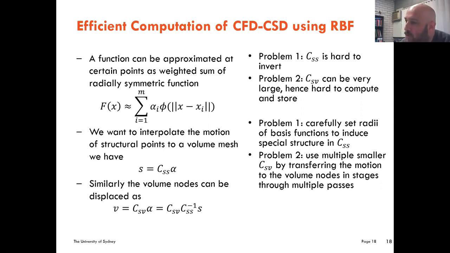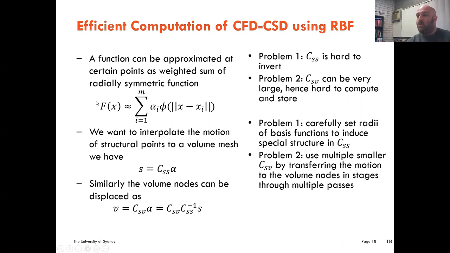There are two main reasons for using that. A lot of the computation can be done up front, so a lot of the cost of doing all the transformations between the structure and the fluids can be done at the start of the simulation, and you don't need to compute anything beyond that.